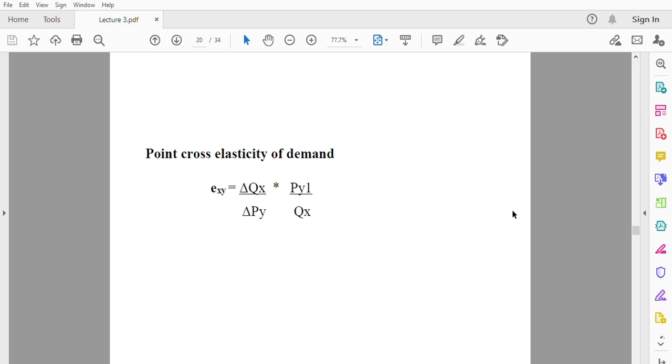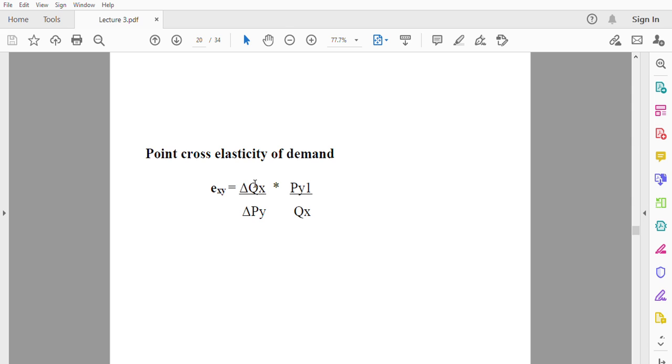Right, so this is the formula for point cross elasticity of demand. It's basically the same as what we did, but this time around, if you do remember very well, we are talking about two different goods, a good in question and its related commodity, whether a substitute or a complement.